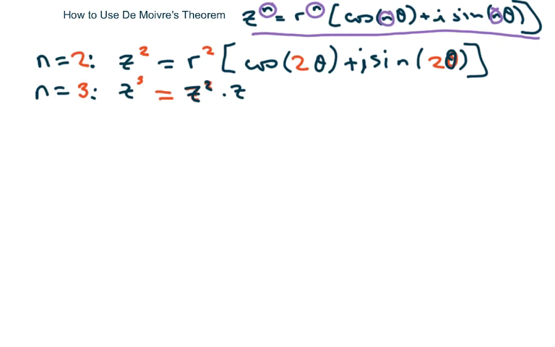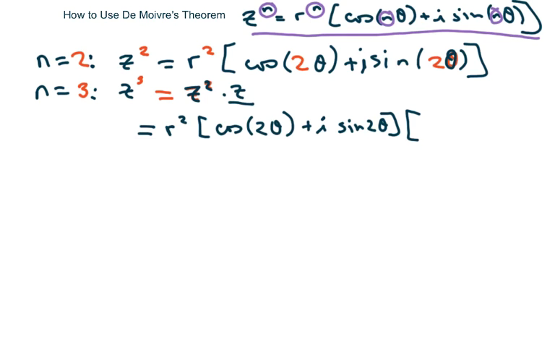So basically you're getting z squared, which is r squared times cosine of 2 theta plus i sine of 2 theta, we already did this one, times your other z, which is just r times cosine of theta plus i sine of theta.